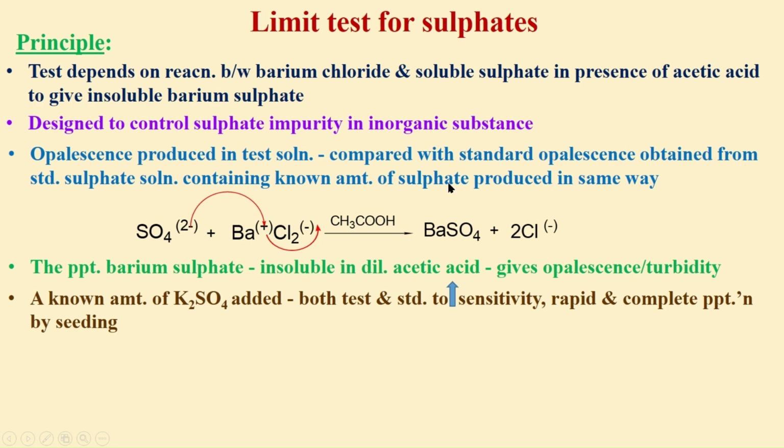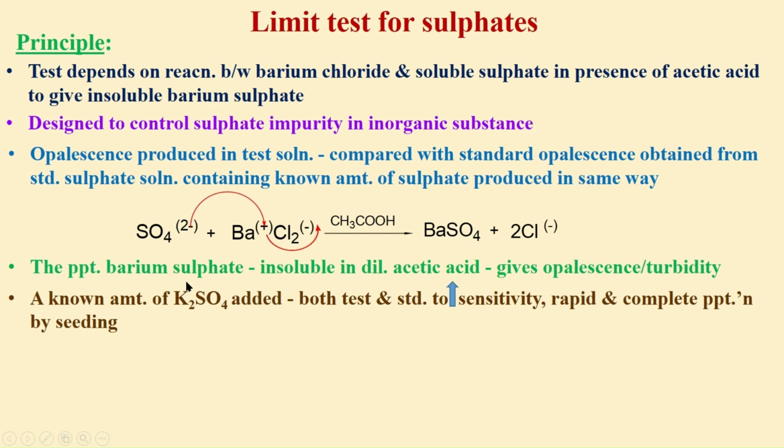In this reaction, we add a small amount of potassium sulfate in both the test and the standard Nessler cylinders. Why is this added? This potassium sulfate increases the sensitivity of the reaction.